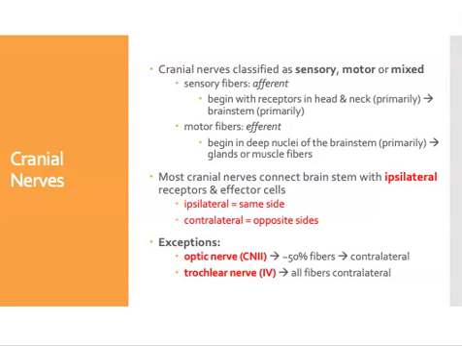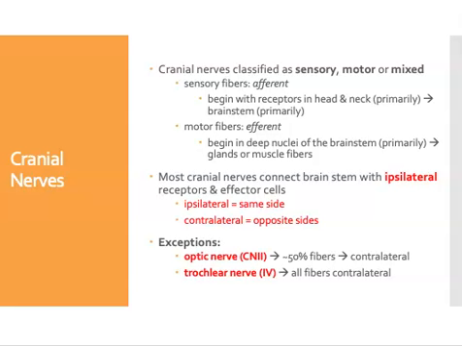But there are some cranial nerves that are connecting on a contralateral side. So while the nerve may be located on the left, either the receptor or the effector cell is located on the right. That's a contralateral connection, and there are two cranial nerves that do this.